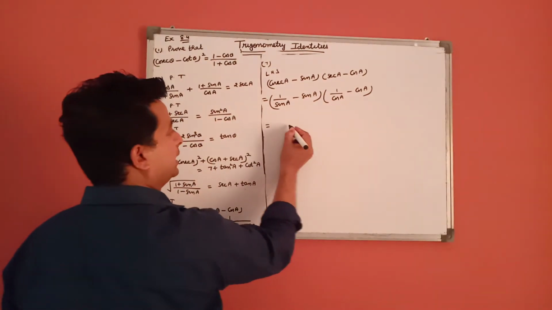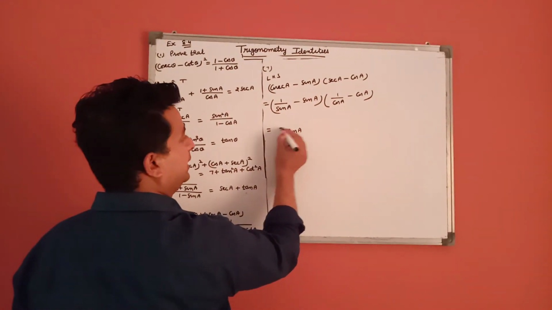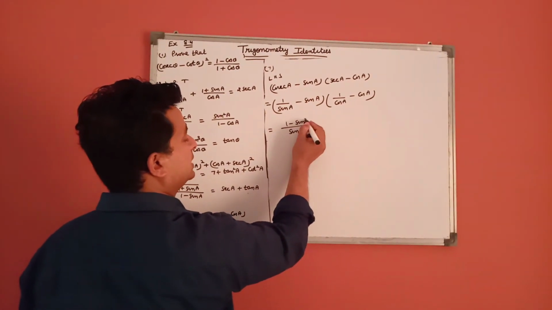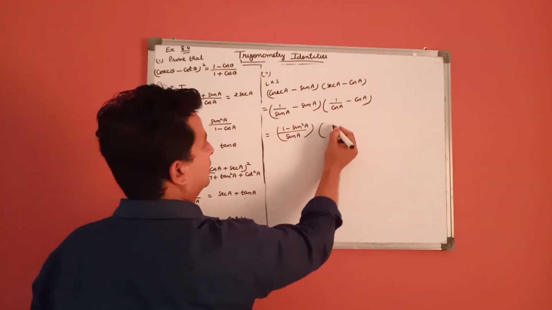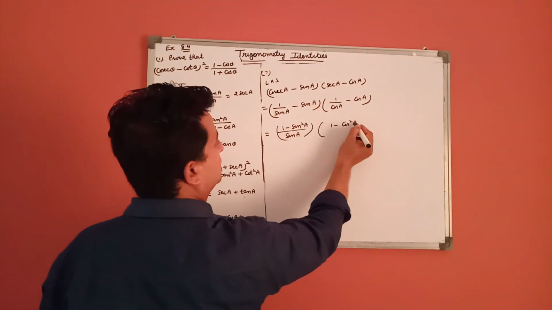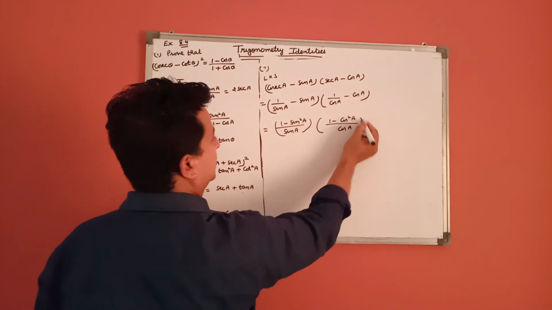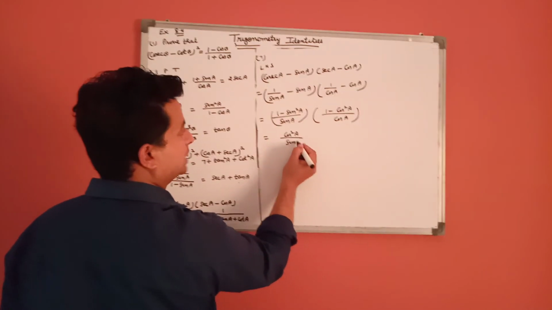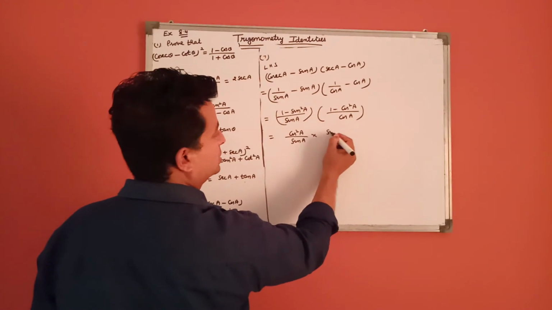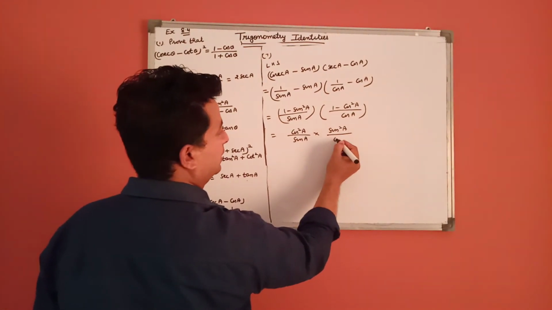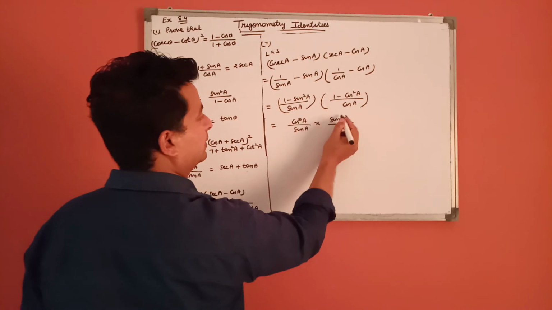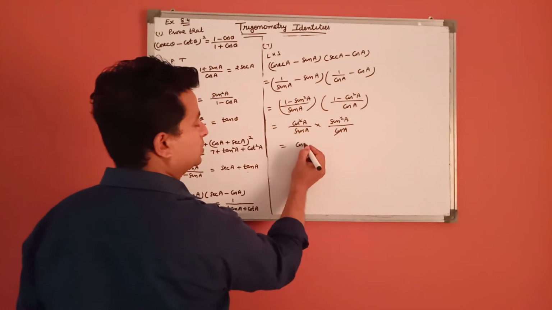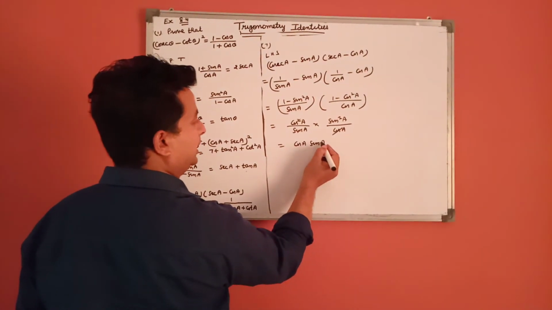When we take LCM, the sin A, this is 1 minus sin square A, this is 1 minus cos square A by cos A. This becomes cos square A upon sin A. 1 minus cos square A is sin square A upon cos A. This becomes cos A into sin A.